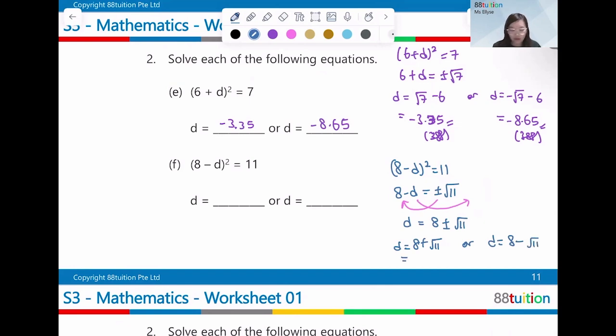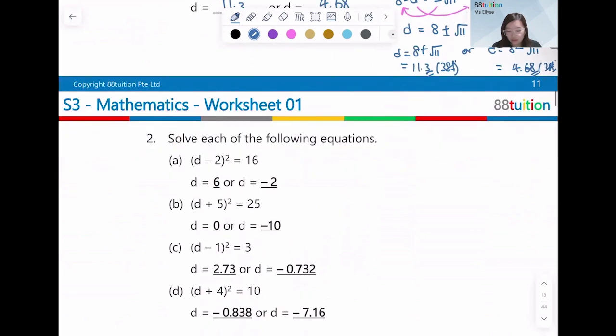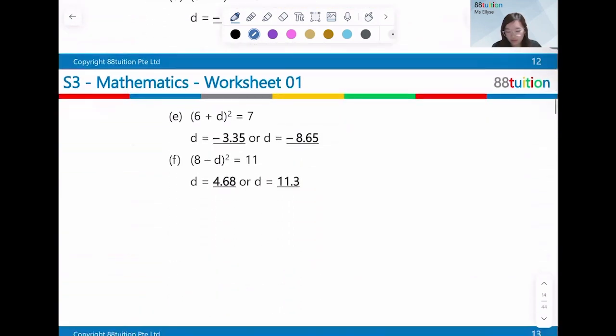So I'll get this as 11.3 and then I'll have a 4.68, 3SF as well. Then this is my first answer. This is my second answer. Okay, then we're moving on. So these are the answers.